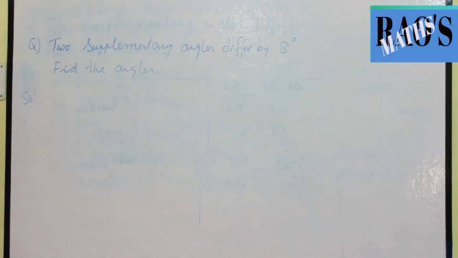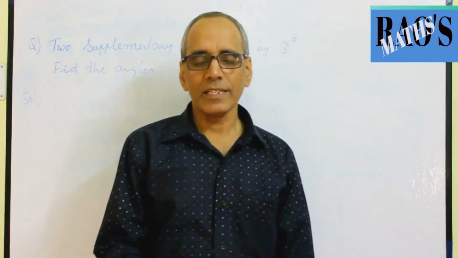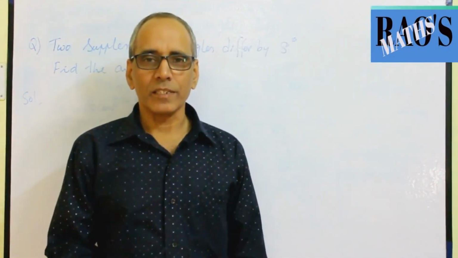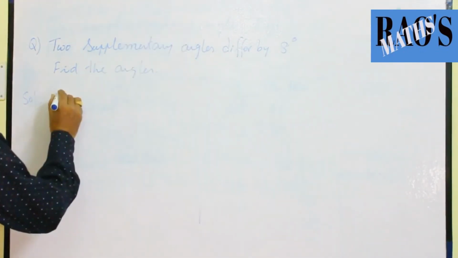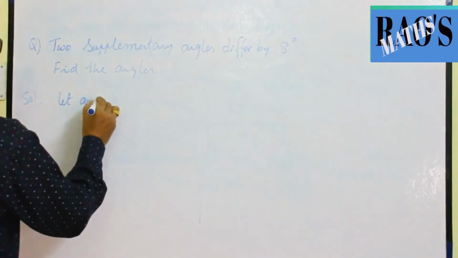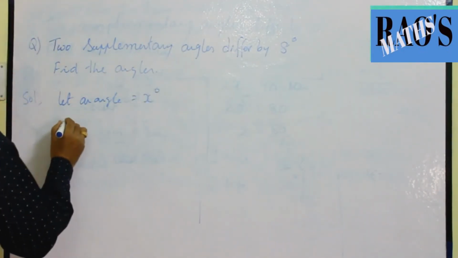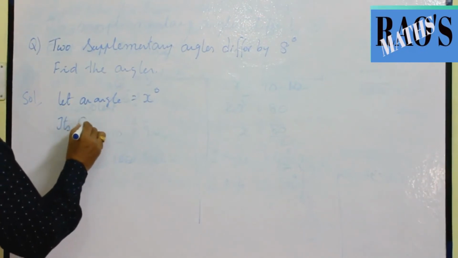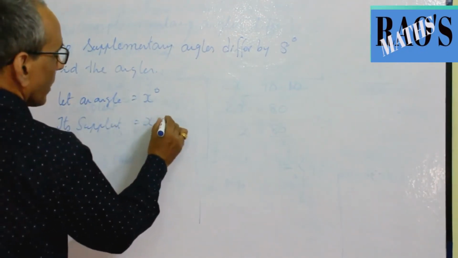You know how to define the two angles here now. I define the first as x, the other as x plus 8. This time I take x minus 8. Okay. Let an angle be x degrees. Its supplement is x minus 8 degrees.